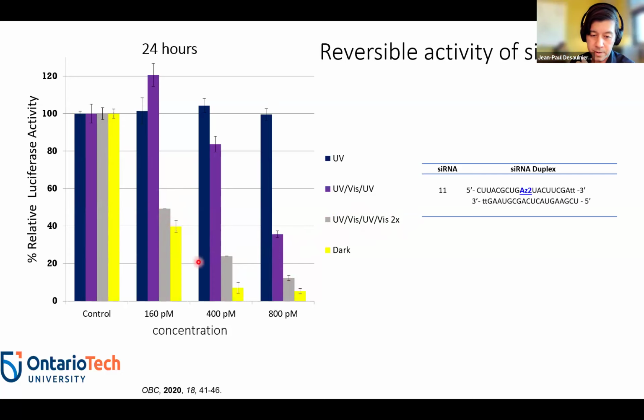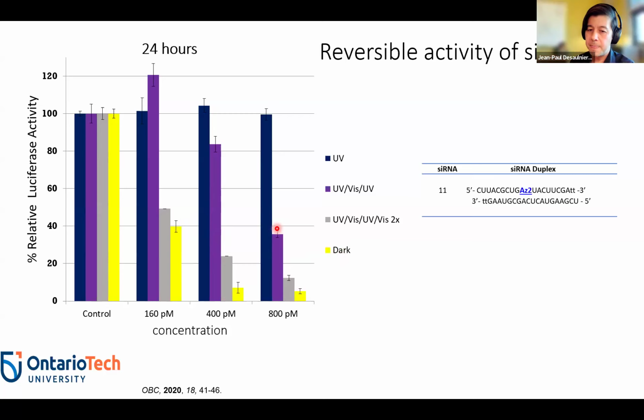Of course, when we compare that to dark, it's not as strong as dark, which is as expected because the dark never went through rounds of inactivation. I just want to highlight that we can control the activation, but we could also potentially control the level of potency of the siRNA. So this also gives us a sort of spatial control within that siRNA duplex.